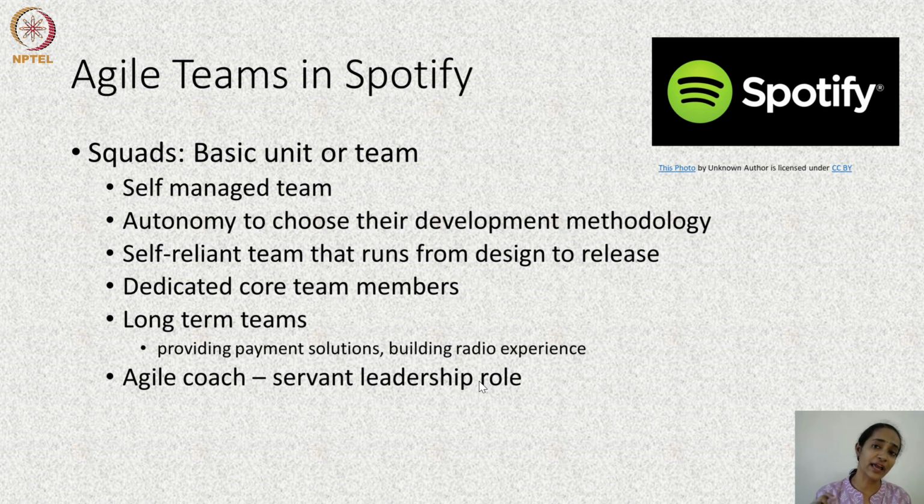And these are self-reliant teams which run from the design phase to the release phase of the product. Team members are highly bounded, that is, they are dedicated core team members who work on one team alone. And these teams are long-standing teams which focus on certain areas, like for example, providing payment solutions or building radio experience and so on.